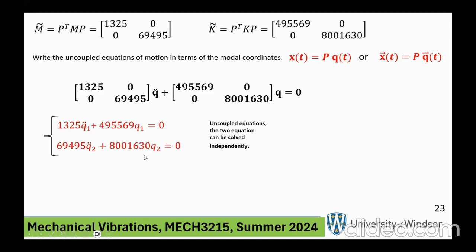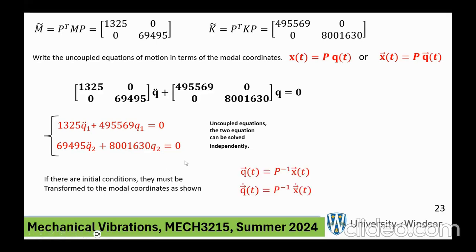Now, if somebody gives you initial conditions, then just like the previous example that I did, you have to find Q1 at 0, Q1 dot at 0, Q2 at 0, Q2 dot at 0. Okay? And then how do you get those initial conditions? You just plug it in there. You need to invert the matrix P in order to get the initial conditions.